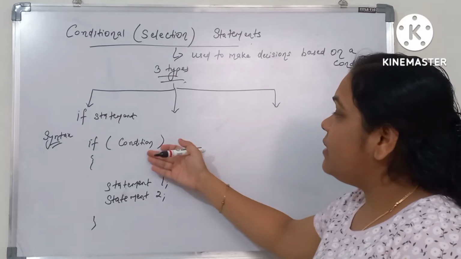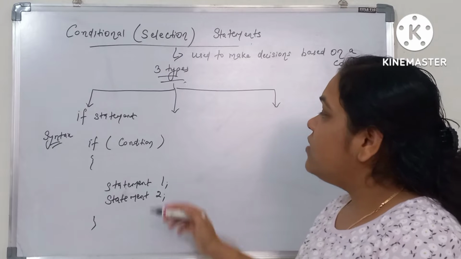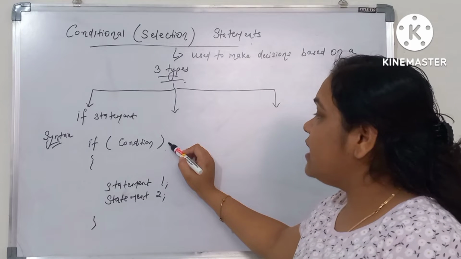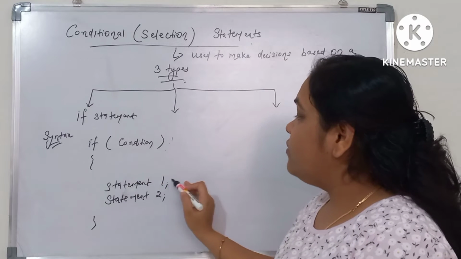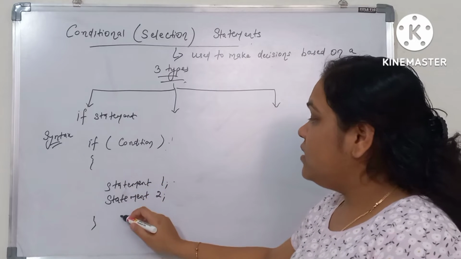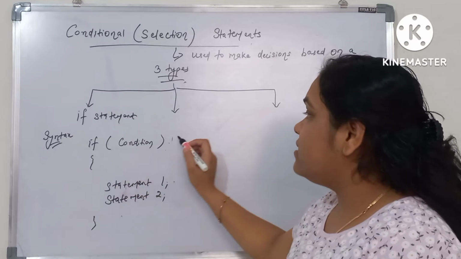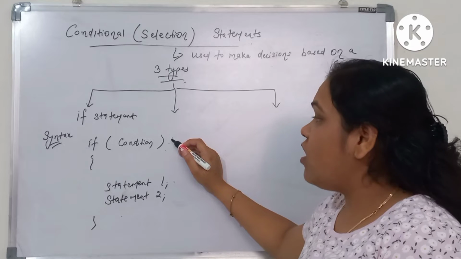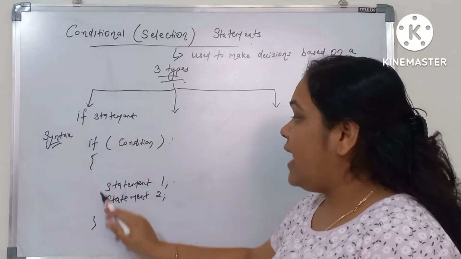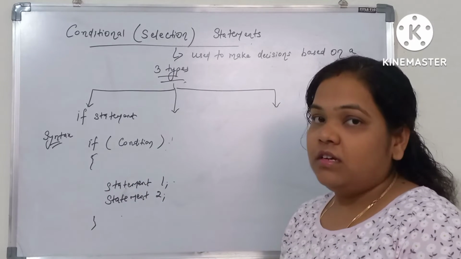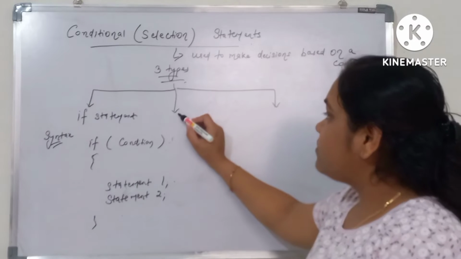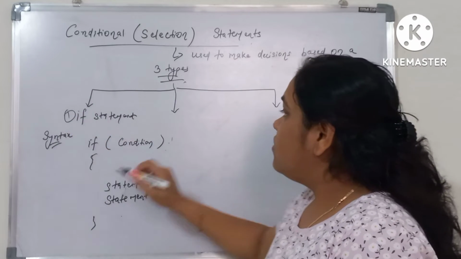Clear? Here some condition is given. We have to check if this condition is true, then we go to the next statements. Otherwise, if this condition is false, then we exit from this case. Clear? Now, this is the first type.